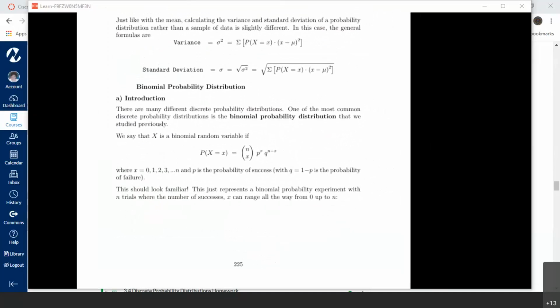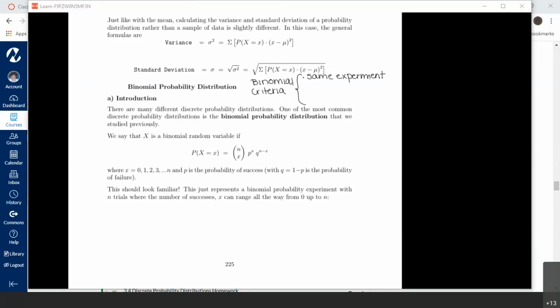And again, just to review the binomial criteria: it's important when you're working with probability distributions, the most important thing is to make sure the distribution you've selected is actually valid to use for the situation you're in. So the binomial criteria are, we're doing the same experiment n times.